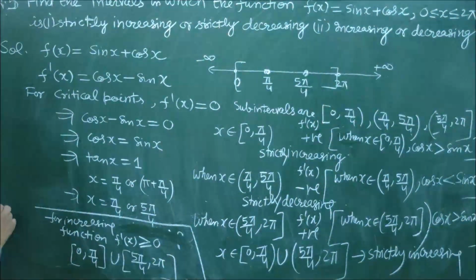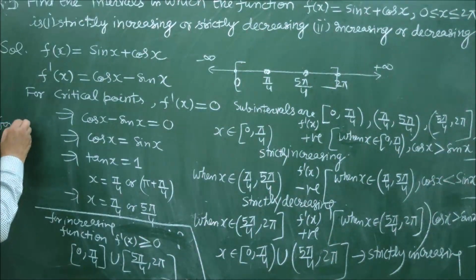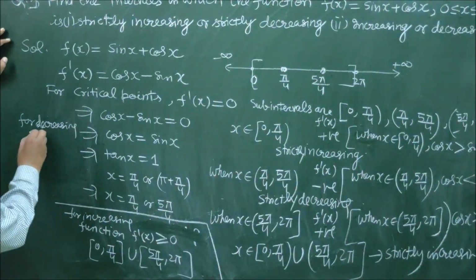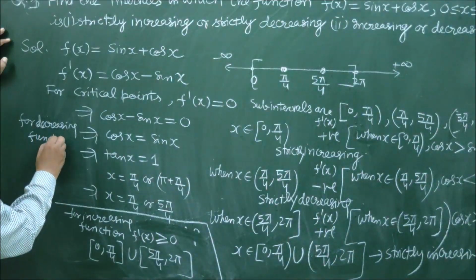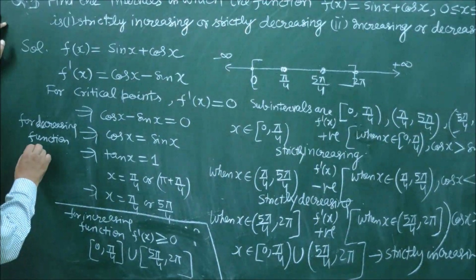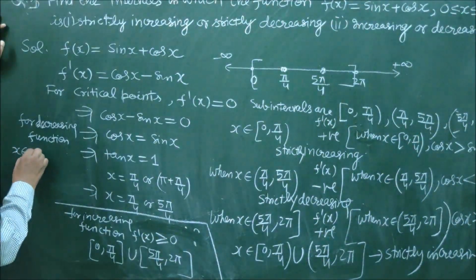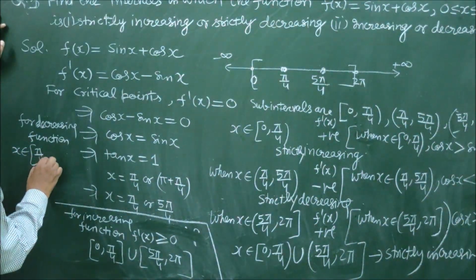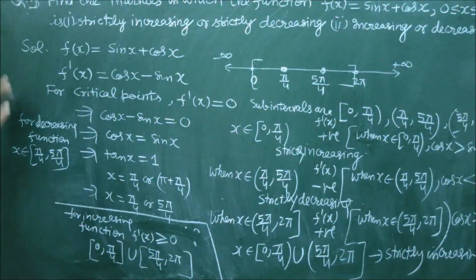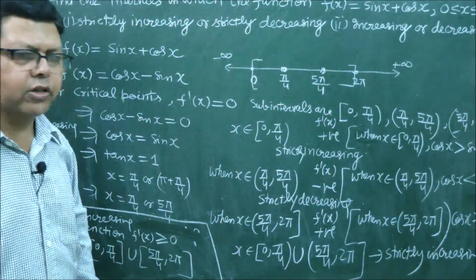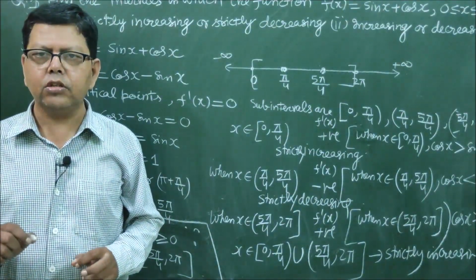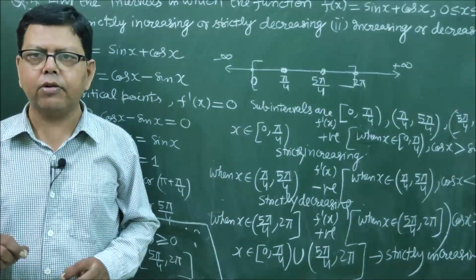And for decreasing function, the interval will be from pi by 4, x belongs to pi by 4 comma 5 pi by 4 closed interval. That is, in increasing or decreasing function we also consider the critical points. So this was the solution of question number 1.